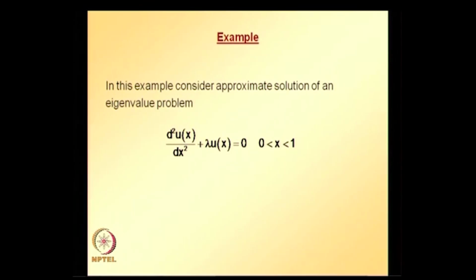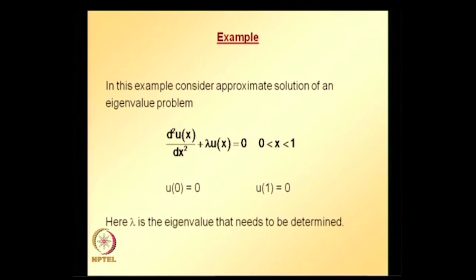This differential equation needs to be satisfied over the domain 0 to 1, and as you can guess this is a second order differential equation, so we require two boundary conditions. The two boundary conditions for this problem are given here, and you can check that these are essential boundary conditions. Here lambda is the eigenvalue that needs to be determined.